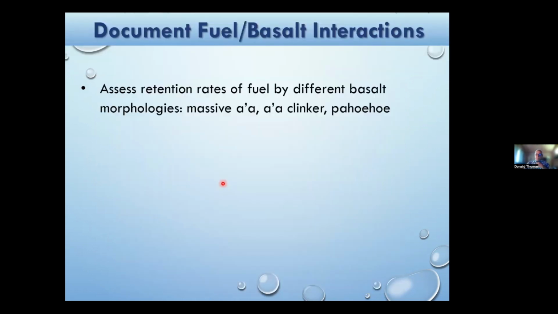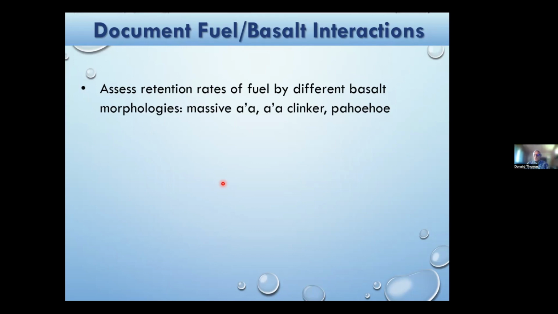So the next series of studies is to document the fuel and basalt interactions. What we want to do is assess the retention rate of fuel by different basalt morphologies. What I'm saying here is that when you pour a gallon of fuel onto a basalt surface or a soil surface, that underlying soil, some of it will adsorb and hold on to that fuel.